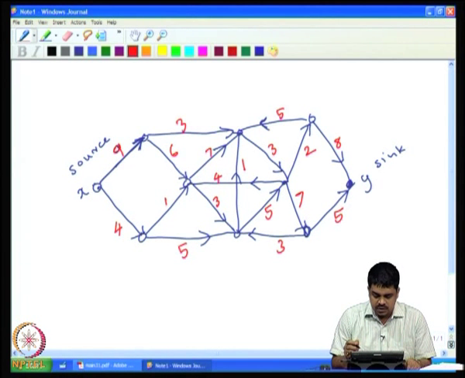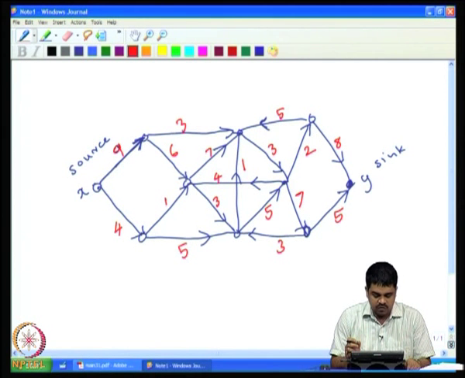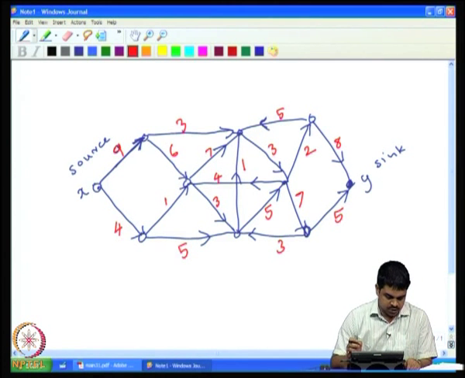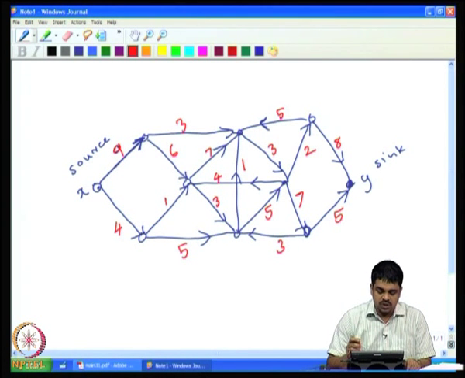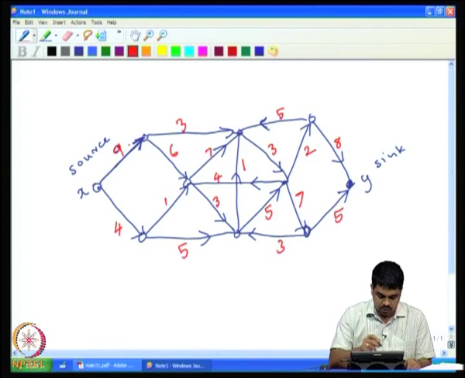And that is the meaning of the capacity. That is like, for instance, the capacity of that particular route along which the commodity should be transported. Not more than say 9 units can be transported in unit time along that edge.